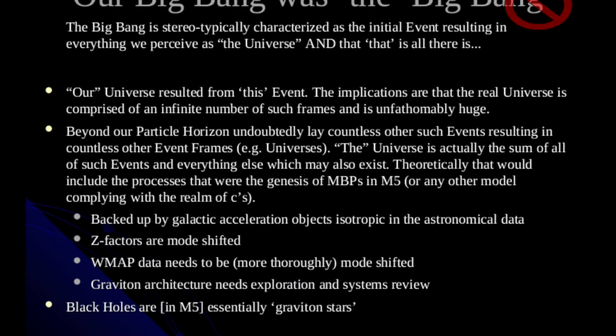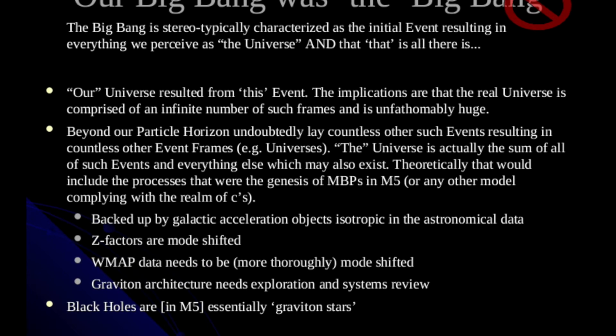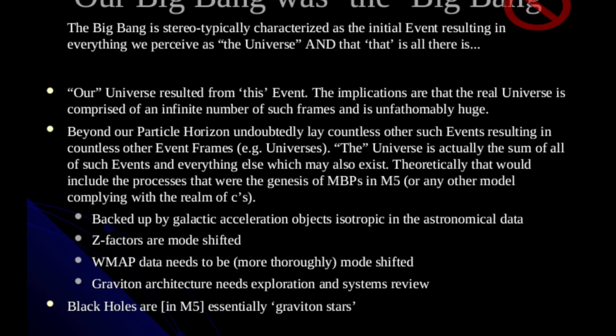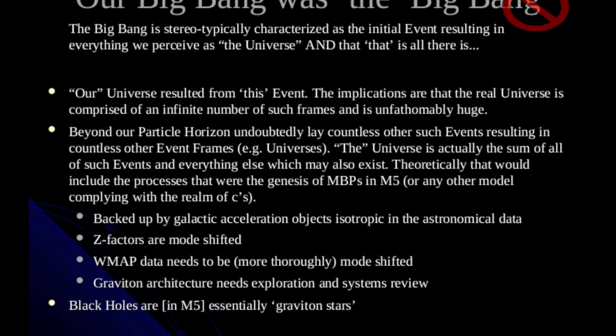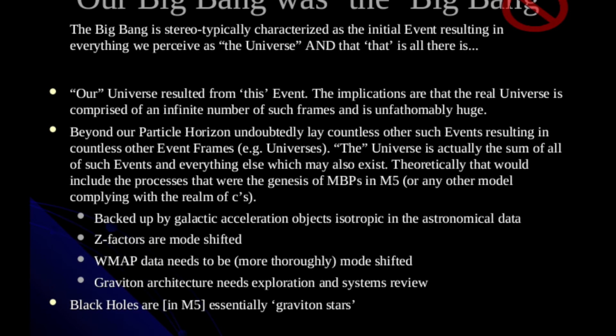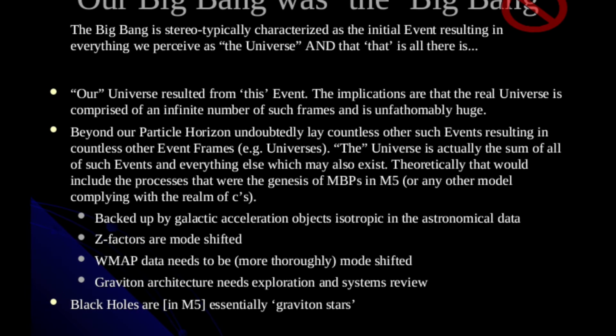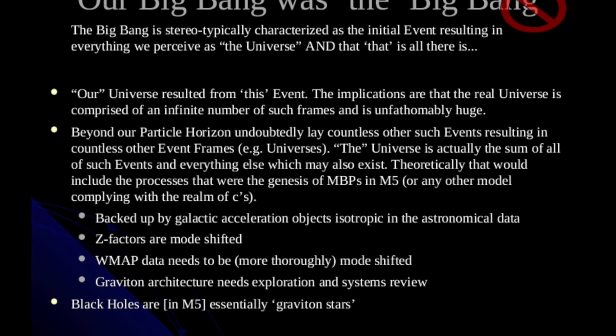Okay, our Big Bang was the Big Bang, and this is part of what I was just alluding to. We stereotypically characterize the initial event as resulting in everything we perceive as the universe, and that is all that there is. Our universe resulted from this event that we can use the WMAP data to investigate.